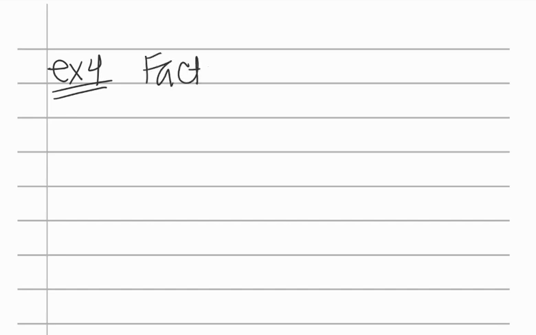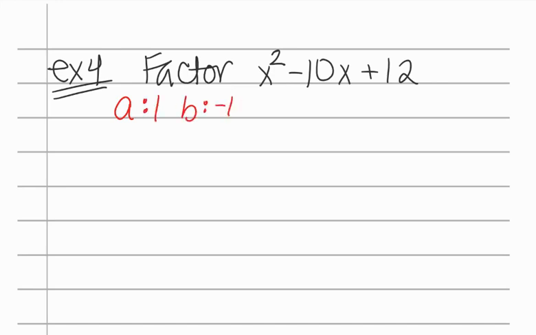So example 4 says factor x squared minus 10x plus 12. Okay, so our a is 1, our b is negative 10, our c is 12.